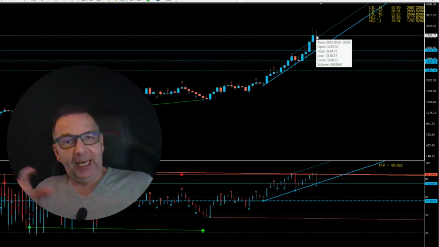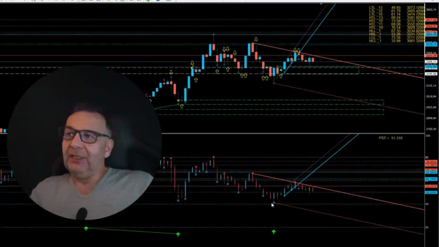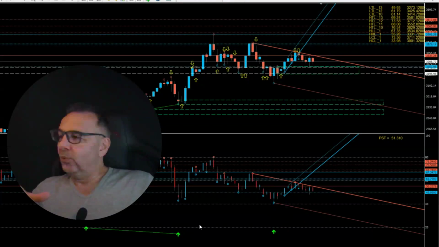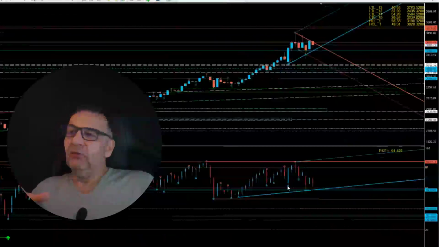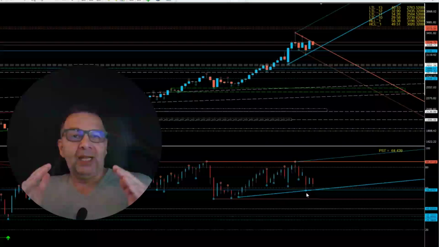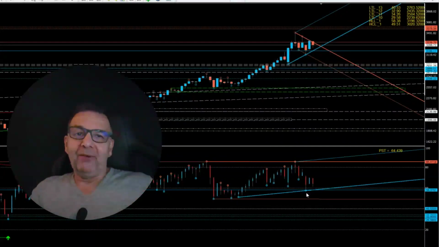Now, as we get to that price on the monthly, we're going to be sharpening it up on the daily as well. So when the market comes down in May, you're going to have a good level on the daily as well. You probably have a good level on the weekly as well, and so on. So as we get to that hour, we'll get a correlation on multiple time frames. That really helps us out.